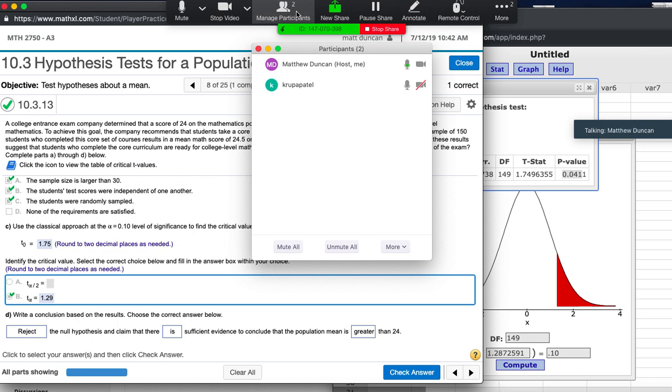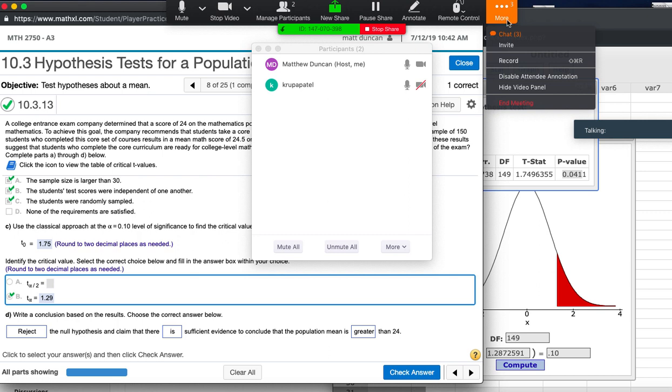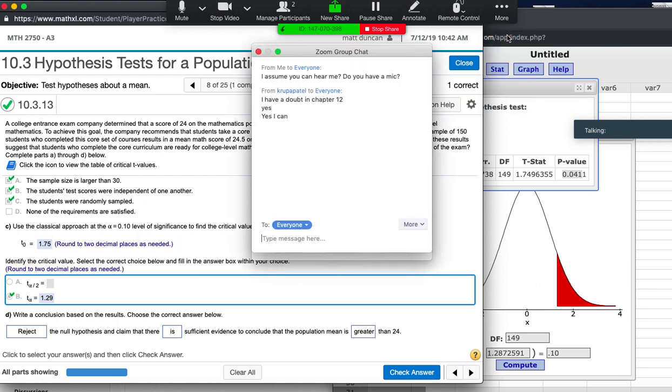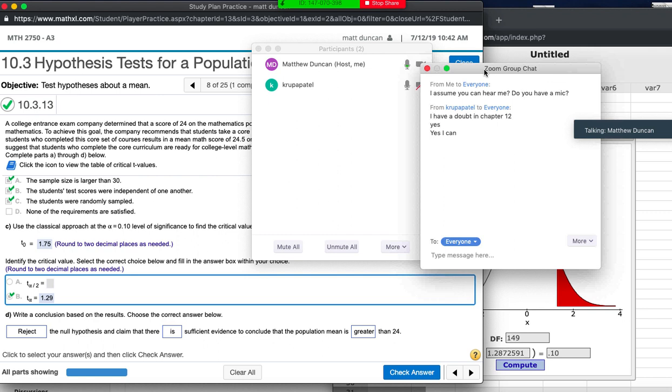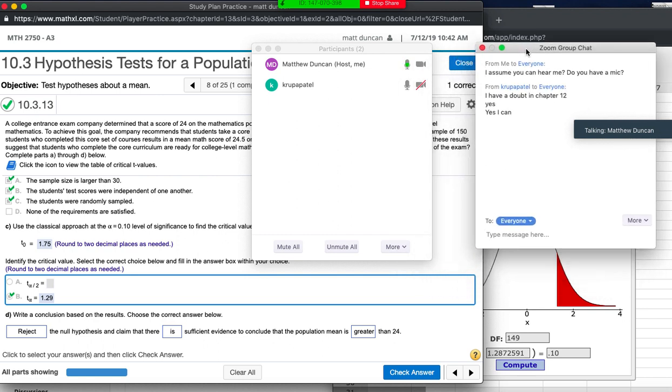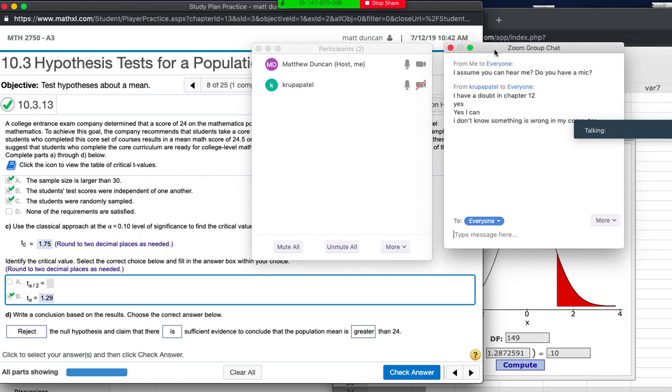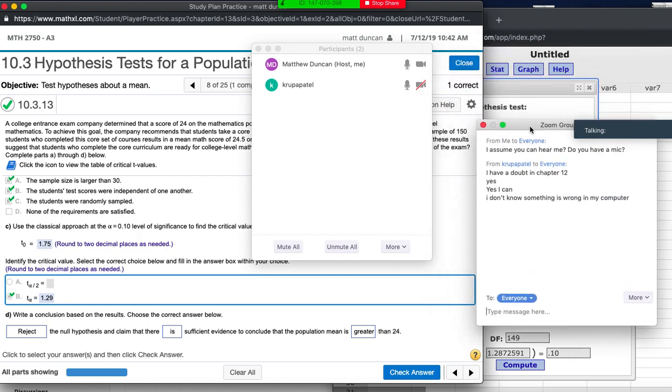Can you hear me? Okay. Krupa, again, I hope I'm saying that right. I saw your chat. Can you turn your audio on? Do you have a mic? Something is wrong in my computer.